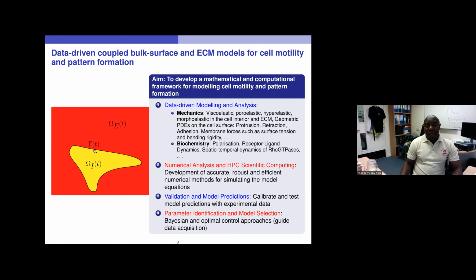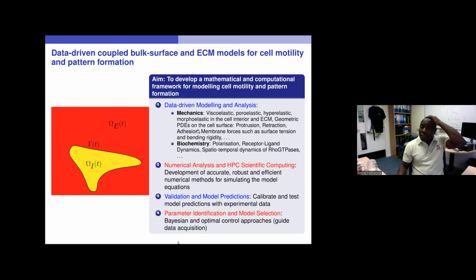It's enclosed by a closed boundary gamma t, which is a closed manifold: a curve in 2D and a surface in 3D. Think of a ball that you can change in 3D. This schematic is just a representation.